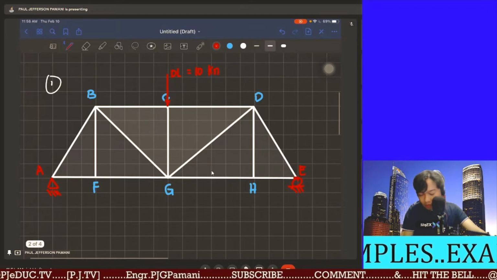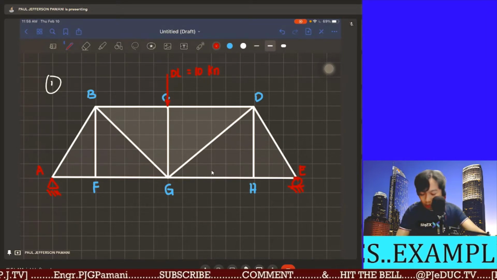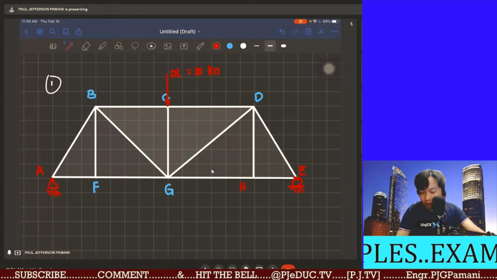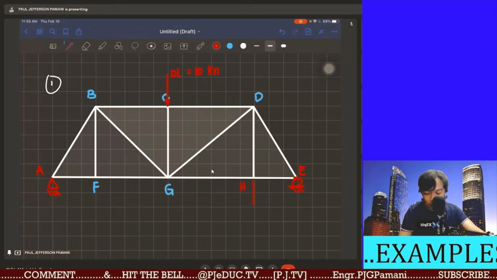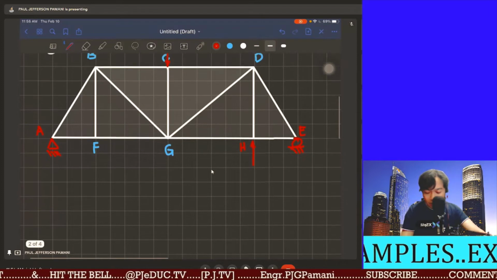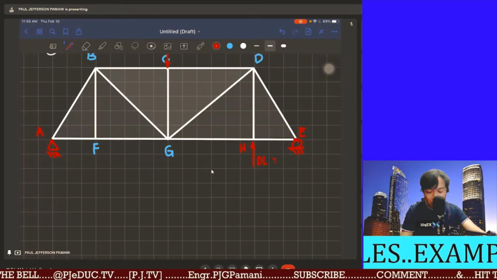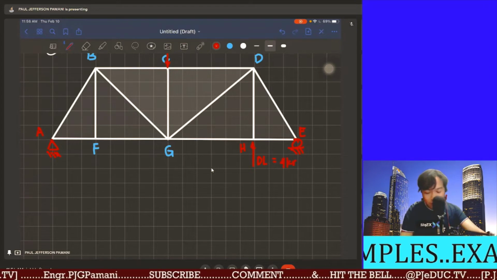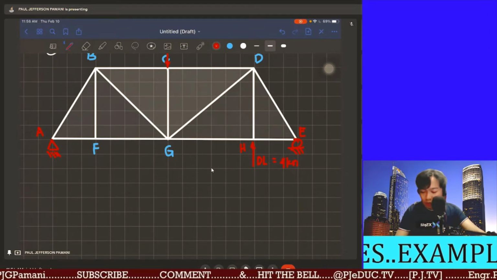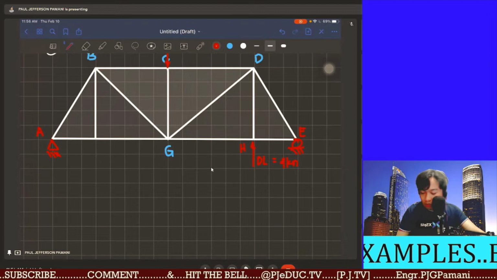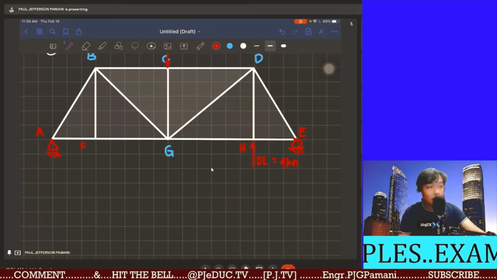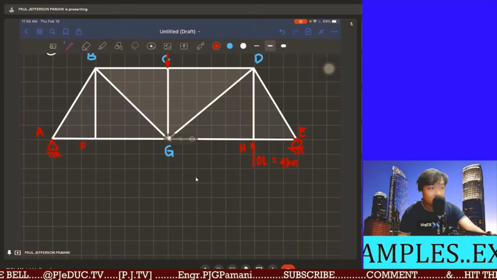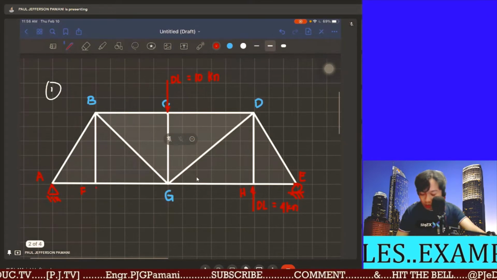Hayaan nyo na lang yung orientation na upward, downward, wala namang upward na dead load eh. Pero syempre, for the sake of solving and challenging yourself, lagyan natin ng upward. Ano ilalagay? 4 kilonewton? Sa joint F, dead load na upward, downward? Upward, sir. Okay.